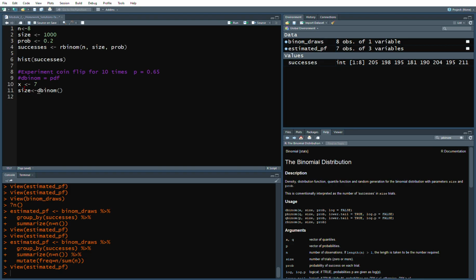So dbinom takes x equal to 7, comma, size. Okay, so let's run this.